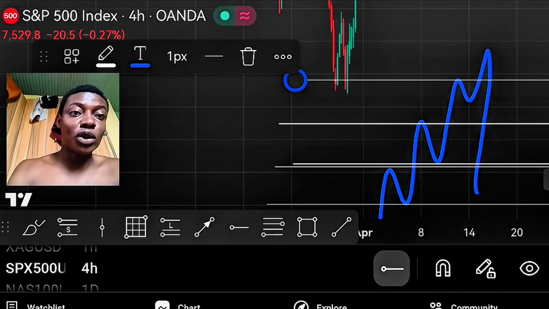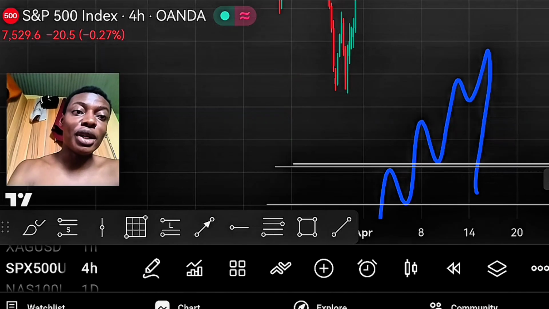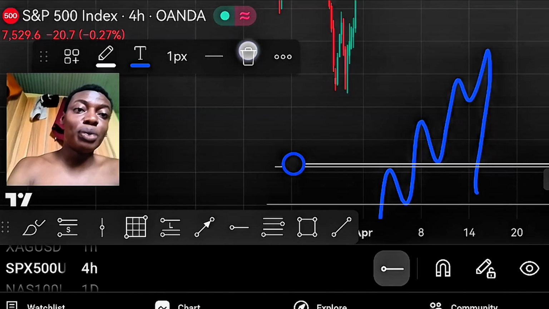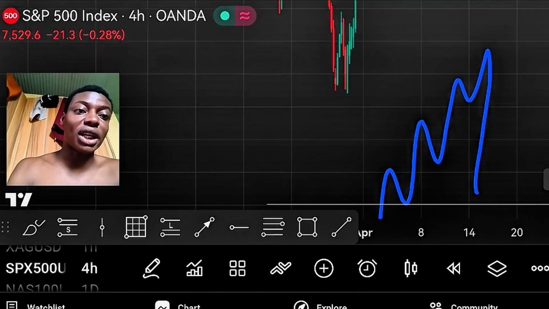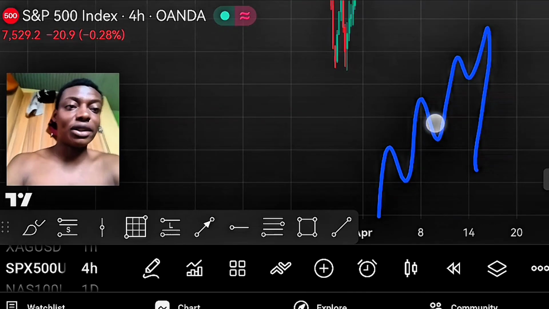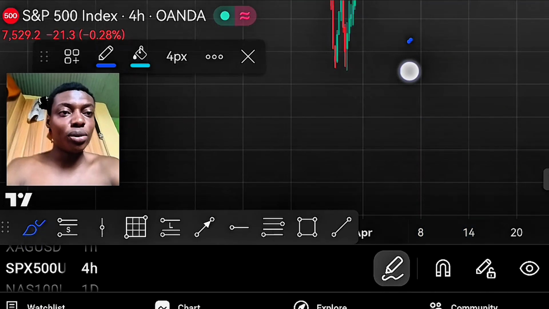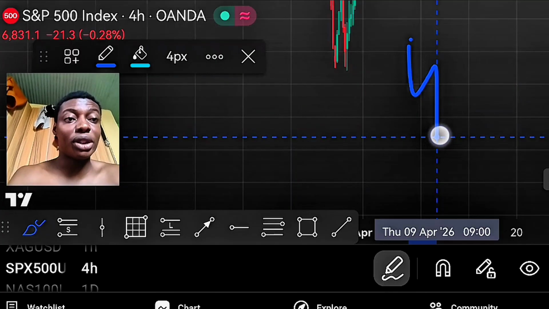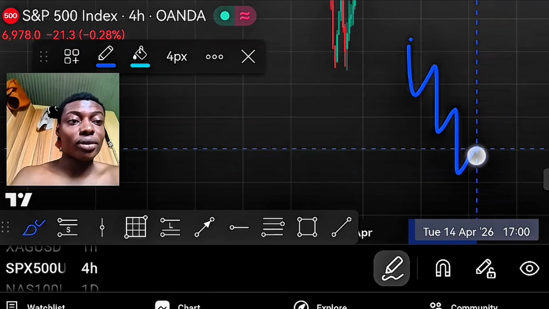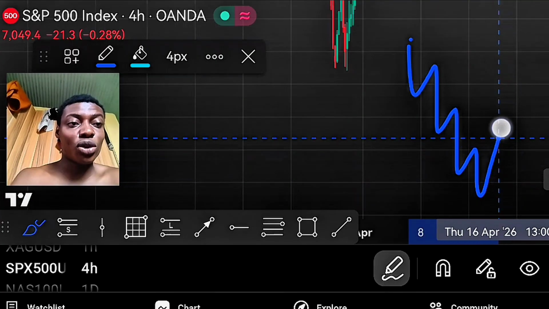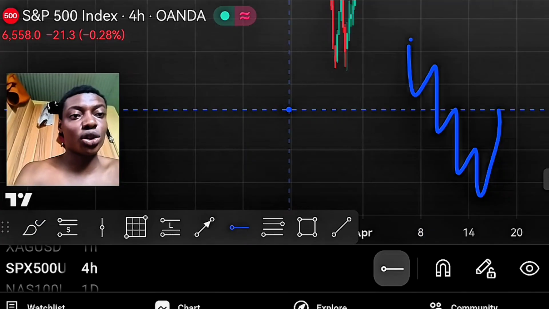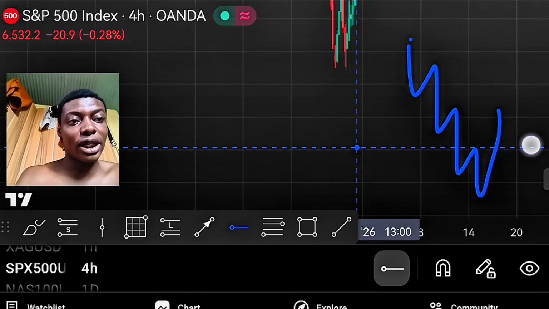For us to have a bullish break of structure to the upside, now let's identify that. Now we're on a bearish trend. We now end up going up like this. We broke structure to the upside here.